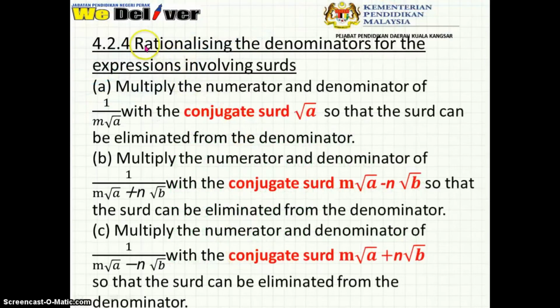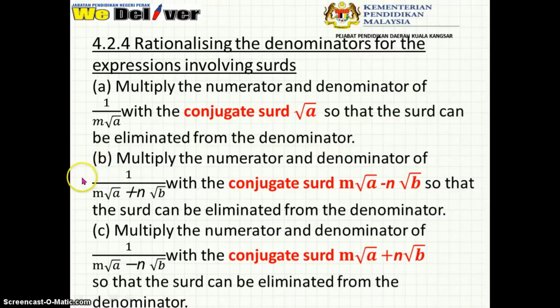Okay, so how do we rationalize the denominators for expressions involving surds? For the first case, an expression with 1 over m square root a, we will multiply the numerator and denominator with the conjugate surd, square root a, so that the surd can be eliminated from the denominator.